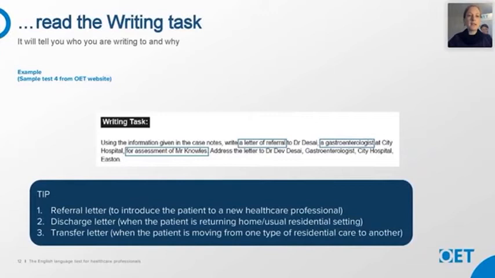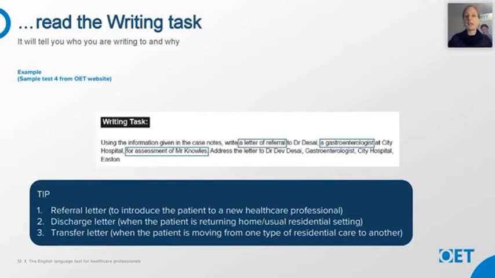There are three types of letter you might be asked to write. A referral letter, which, as I've said, you might be more familiar with as a consultation letter, a discharge letter, or a transfer letter. By and large, the final document is the same. The type of letter really comes into play when deciding how to start. It is a referral or consultation letter when you are introducing the patient to a new healthcare professional.